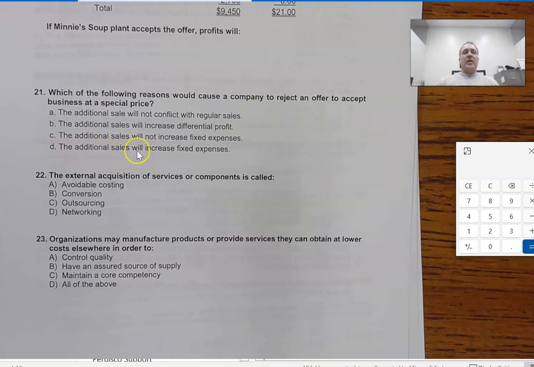The additional sales will increase fixed expenses. Exactly. So what fixed expenses? Well, I don't know. It could be we have to incur more insurance costs, maybe plant supervision. It can be any type of fixed expense that we incur as a result of exceeding relevant range.